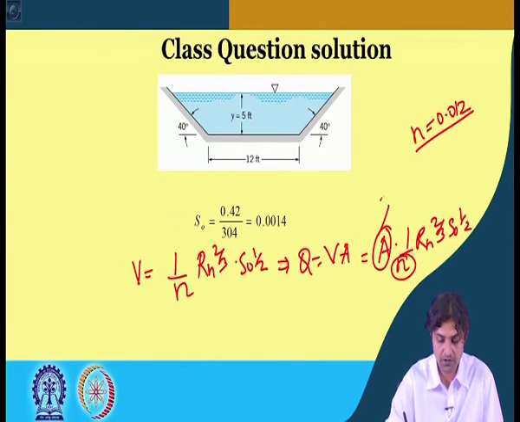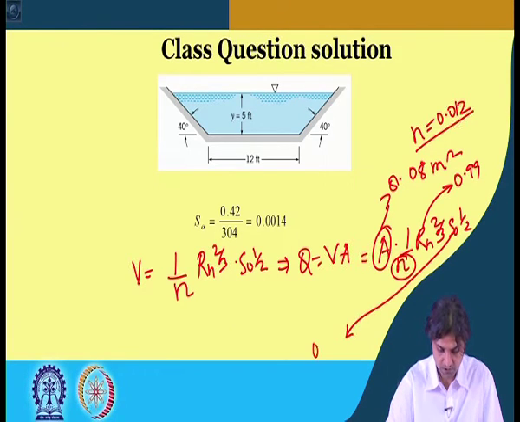Area is 8.08 meter square, RH was 0.99, and S naught was 0.0014.